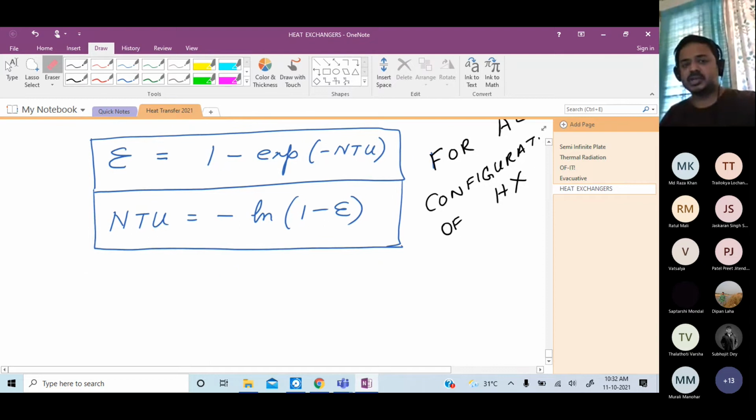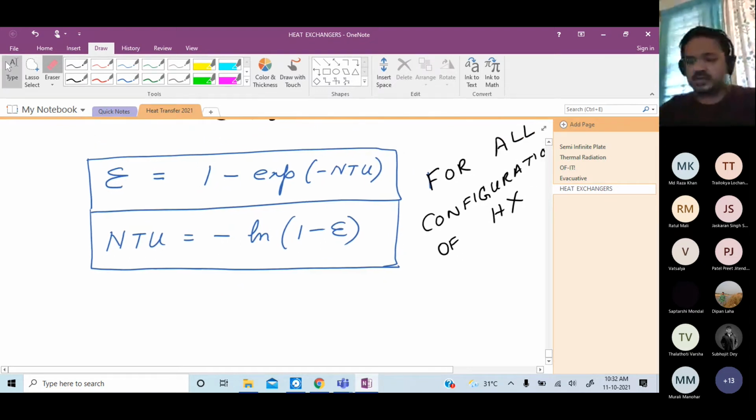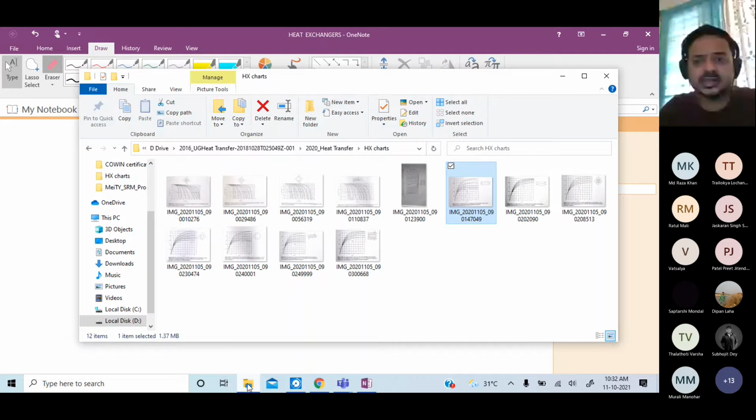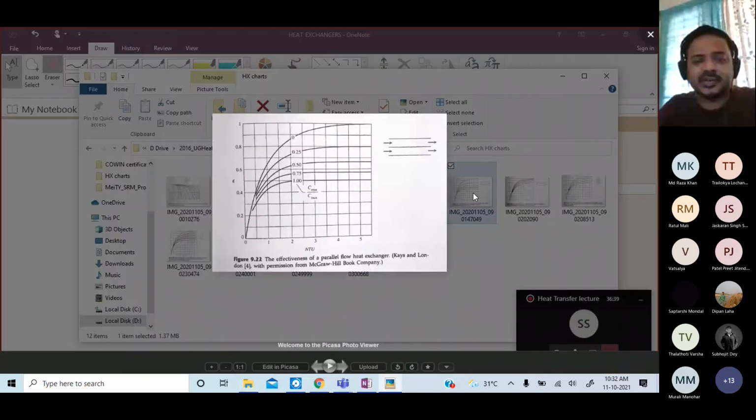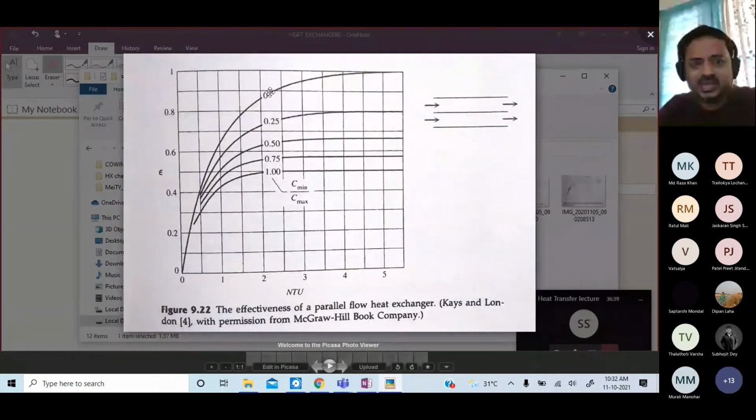This is important. If I now come to this plot, let us say, with this line, which is for C min over C max, in our case capital C, equal to 0, this line is the same for all of them.